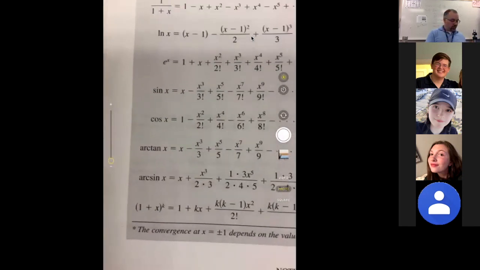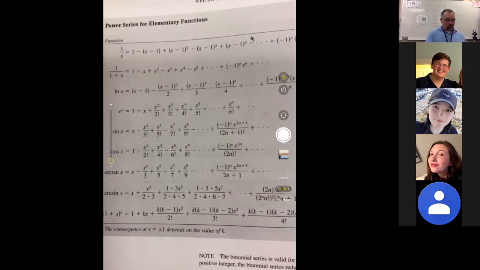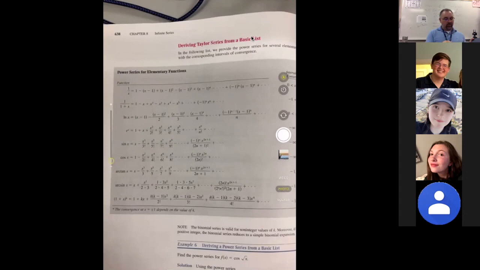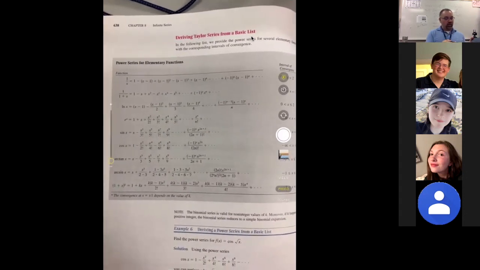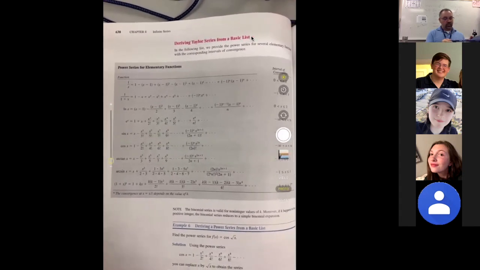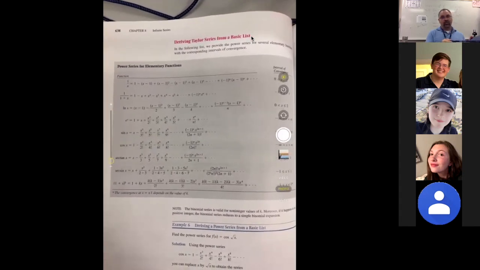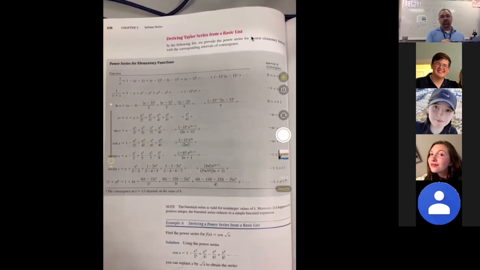If you just have the binomial 1 plus x to the k power, you can write a very nice Maclaurin or Taylor series for that as well. Hopefully these will help you as you go to build some other series.